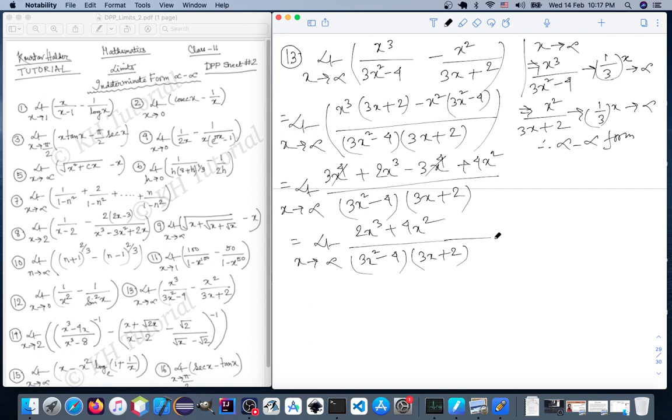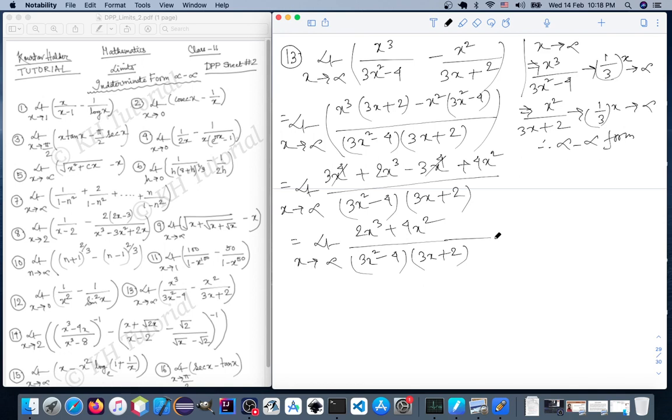The highest power in the numerator is 3, and also the highest power in the denominator is 3. The coefficient of the highest power of x in the numerator is 2, and in the denominator it is 9. So the answer should be 2 by 9.